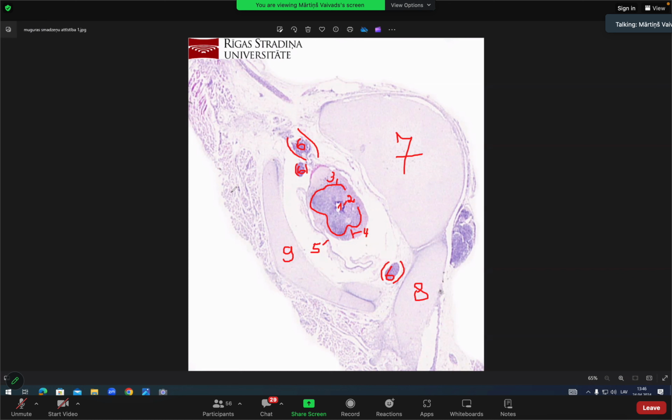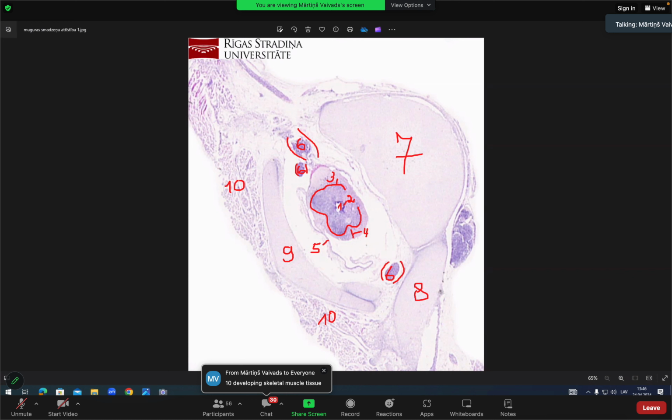Any idea what's here? Yes, developing skeletal muscle tissue. So number 10, developing skeletal muscle tissue. Which muscles are these?